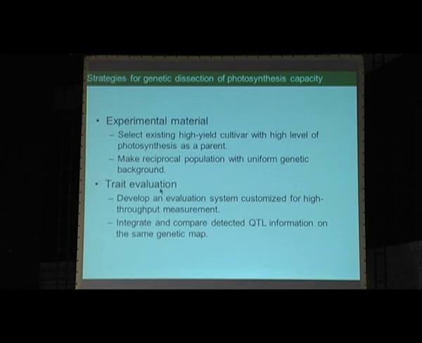From the point of trait evaluation, since genetic analysis requires a large number of plant samples, we sometimes must develop an evaluation system customized for high-throughput measurement. Then integrate and compare the detected QTL information on the same genetic map.